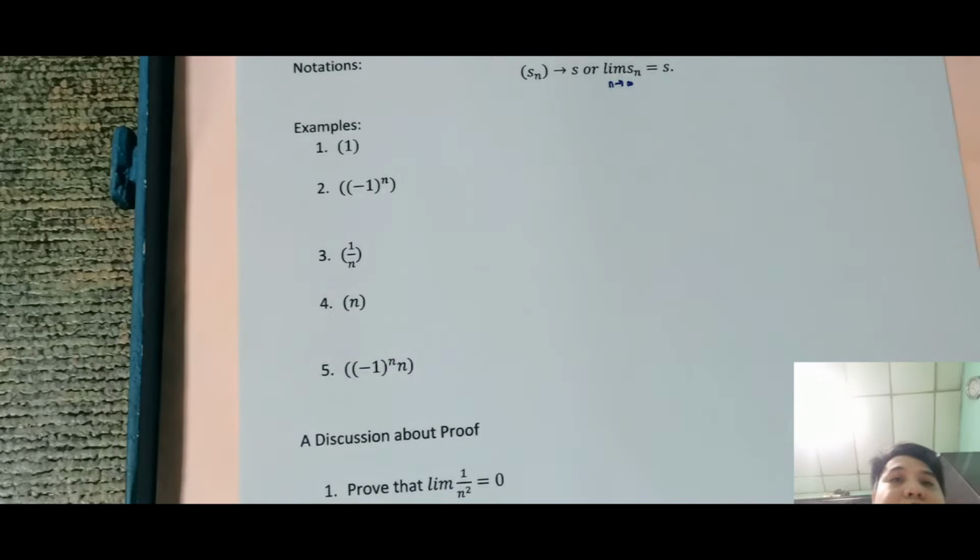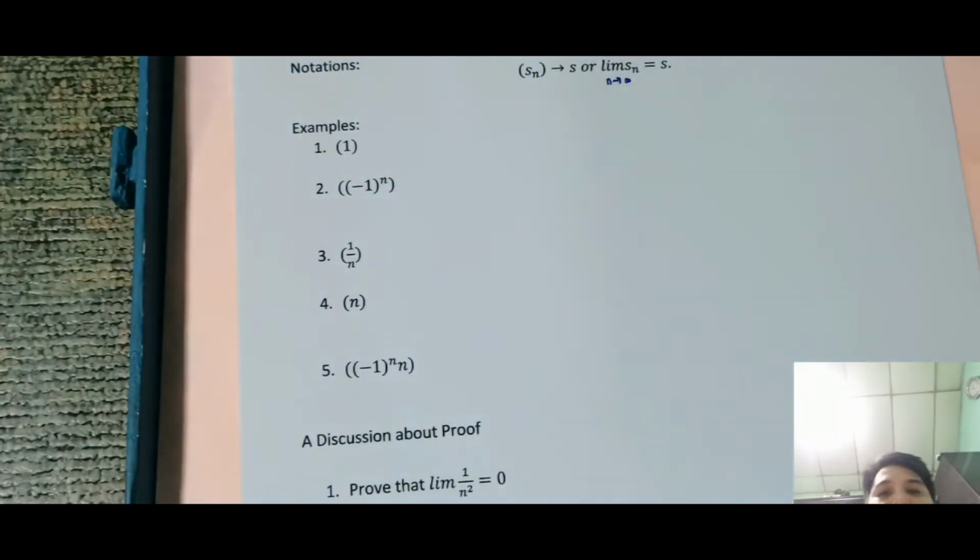Okay, so yan yung usual notation natin. Kunyari, alam mo yung value nung limit ng sequence natin, ilalagay mo lang ganyang notation. It's either ito or yan. For example, yung sequence ng 1: ano yung mga term nito? Sequence ng 1 is 1, 1, 1, 1, 1, 1, 1, and so forth.